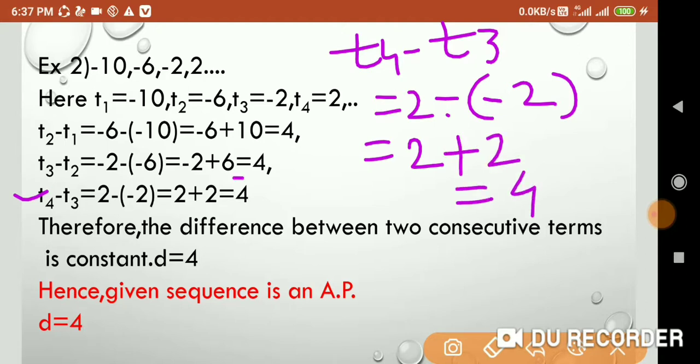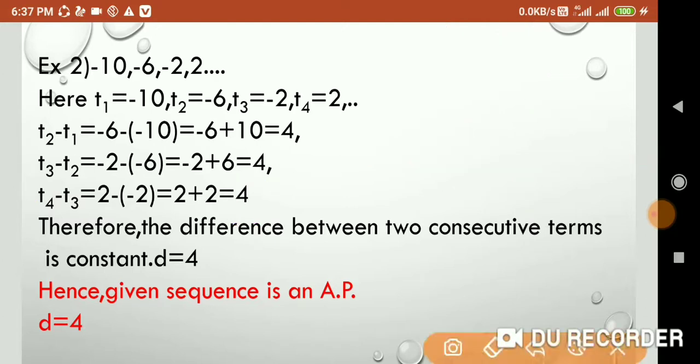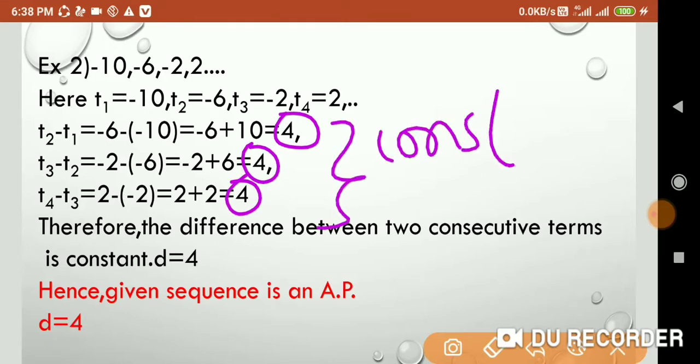Here we get the common difference 4. Okay, now student, if you carefully observe, you notice that the common difference is constant here. The common difference is the same, it is constant, and therefore the given sequence is an example of AP.